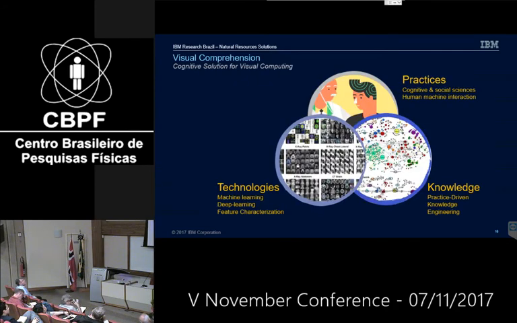But it doesn't only bring visual comprehension, or computer vision, or image processing. What you call vision comprehension is the union of these three things here. You have the practice, how the person works. You have the technology: machine learning, deep learning, feature characterization. And you have the knowledge.